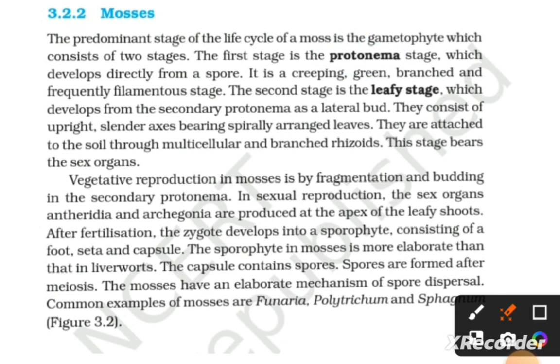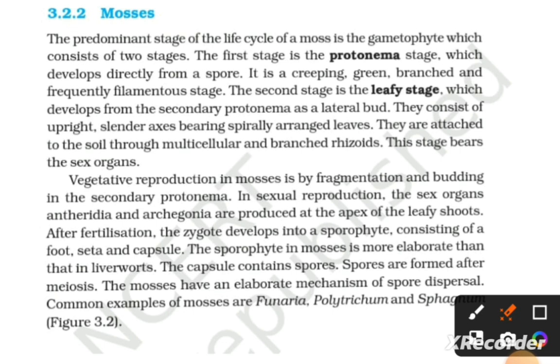The description given is that it is a creeping, green, branched, frequently filamentous stage. Then comes the second stage, which is the leafy stage, which is formed from the secondary protonema as a lateral bud. So basically the protonema is formed from a spore, which forms further secondary protonema in the form of a lateral bud, which forms a leafy stage.